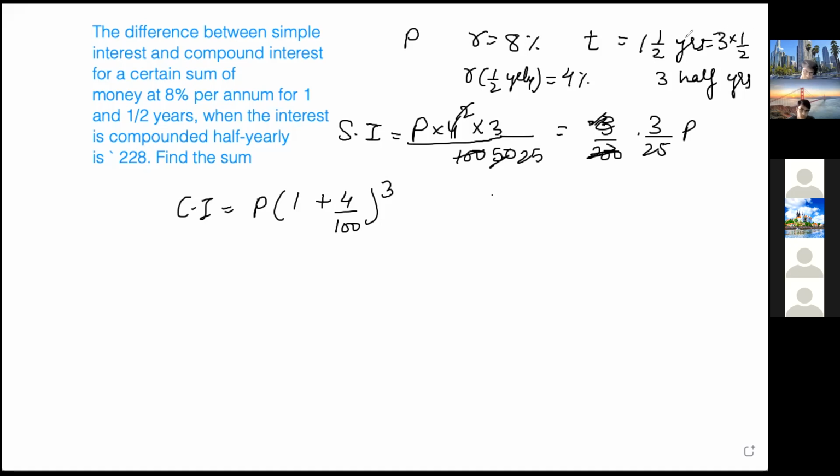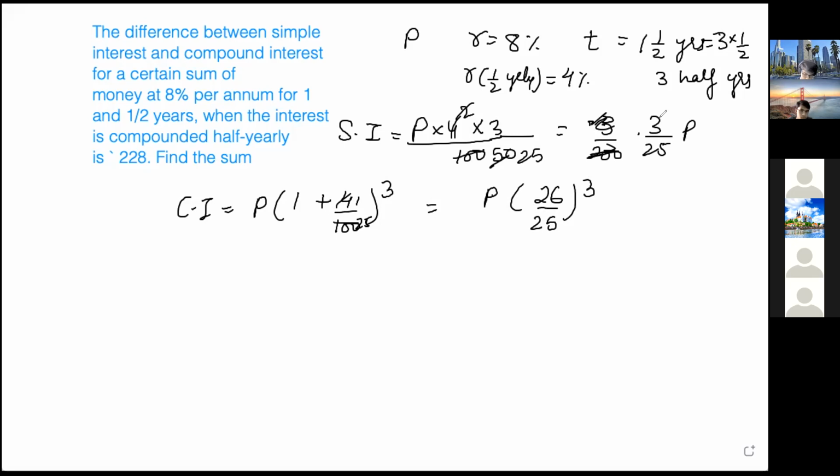So 3 half years, because it is compound interest, we are taking half yearly. So T will also be in terms of half years. So 1 plus 4 by 100, how much are we getting? 4 25s are, P into 25 plus 1, 26 by 25 whole cube. And this is 3 by 25P.